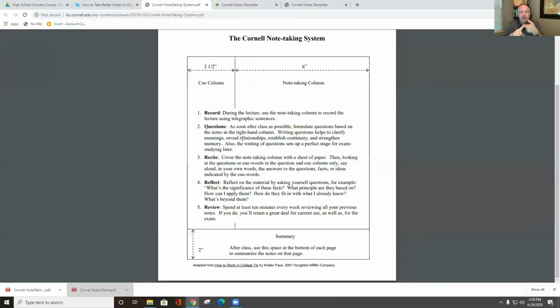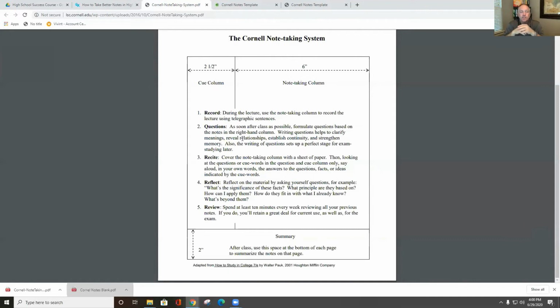So you've written a key concept. You have formulated your own questions about what they're saying if you don't understand it. If you do understand it, just move to the next key concept, right? But you've done that, and then you're going to ask yourself as if the teacher was asking you, are you really ready to answer what their main idea is in explanation style, okay?